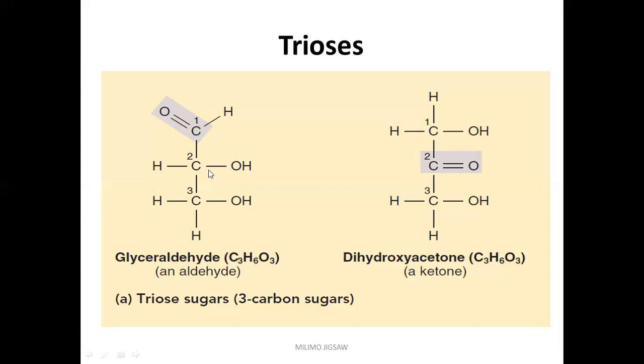Now the hydroxyl group on that asymmetric carbon will determine whether a sugar is a D sugar or an L sugar. In a D sugar, the hydroxyl functional group is on the right side of the asymmetric carbon atom. D-glyceraldehyde rotates light to the right, as we said last time.